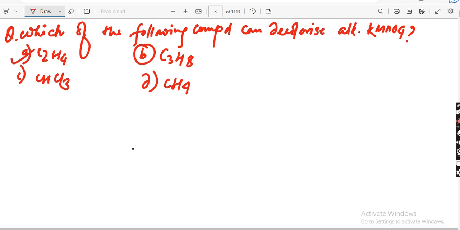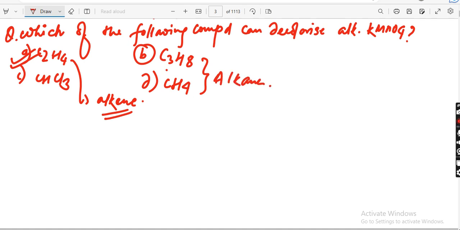Among these, this can decolorize because this is an alkene, right? Alkene and alkyne can decolorize this one. This is the test for unsaturation. So an unsaturated compound like C2H4 can decolorize this one, right?